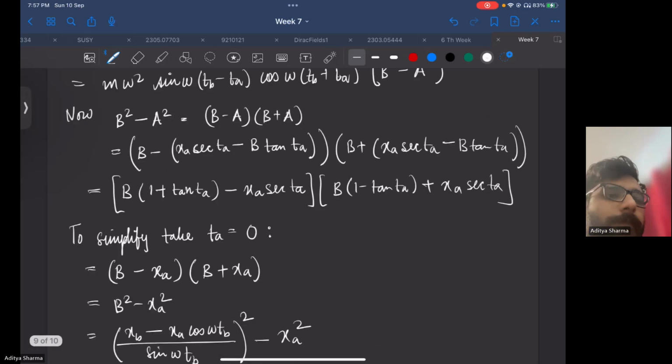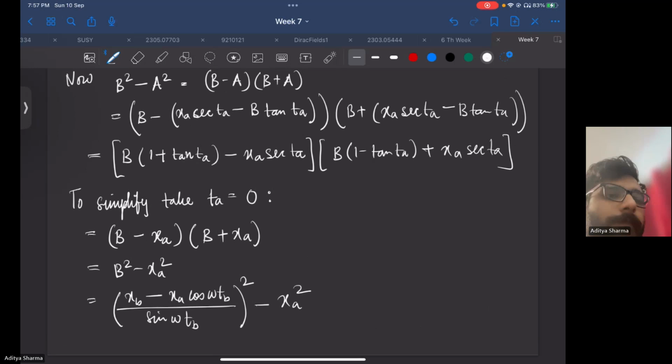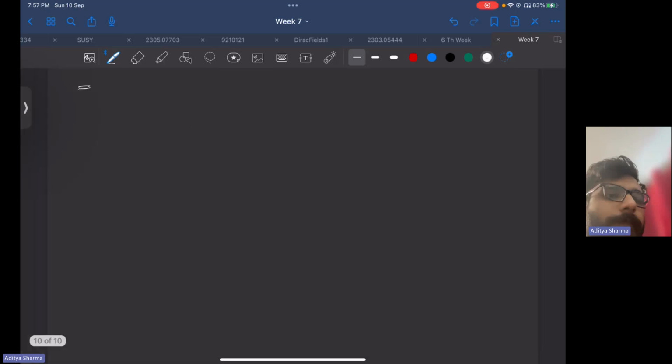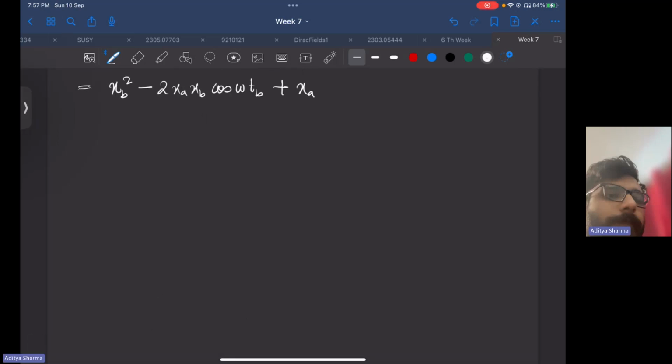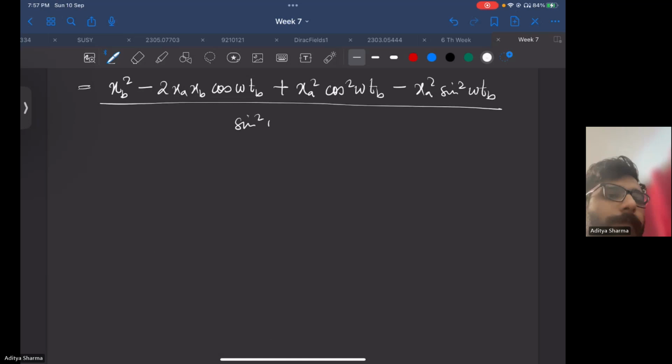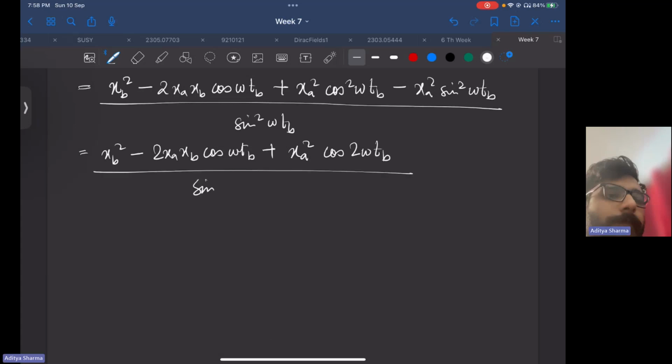And you're going to get xb square minus 2xa xb cos omega tb plus x square cos square omega tb minus x square sin square omega tb by sin square omega tb, xb square minus 2x into xb cos omega tb plus x square cos 2 omega tb plus sin square omega tb.